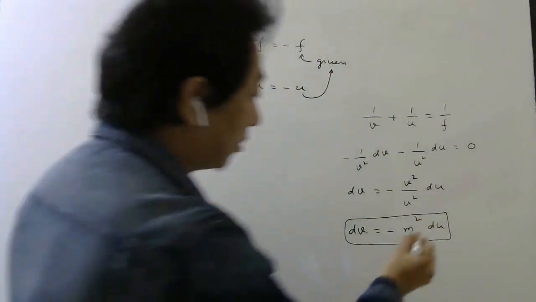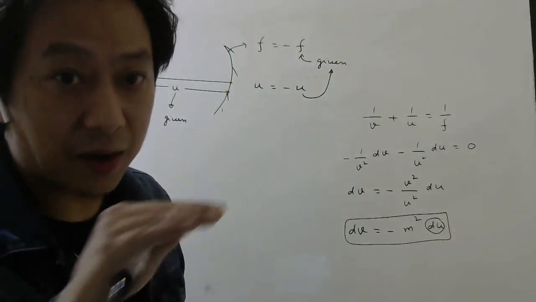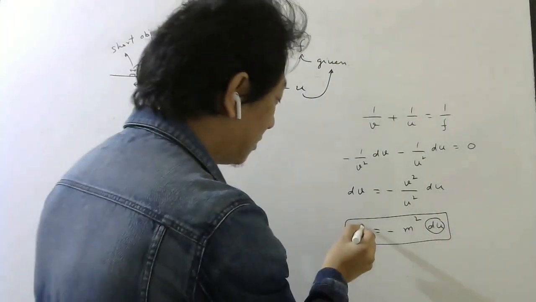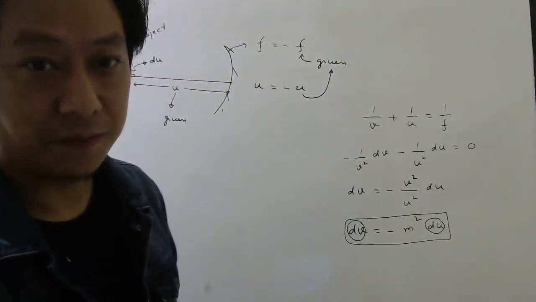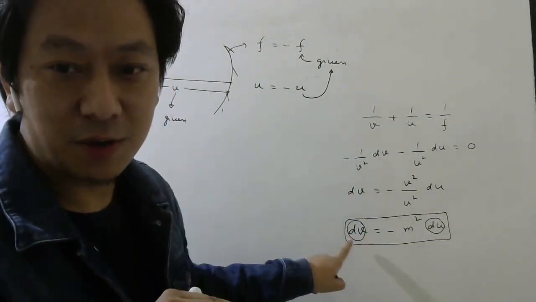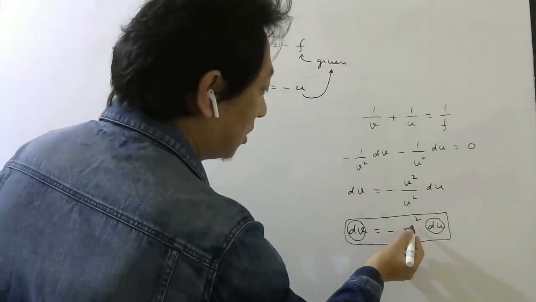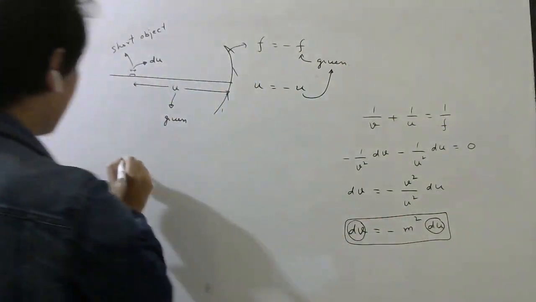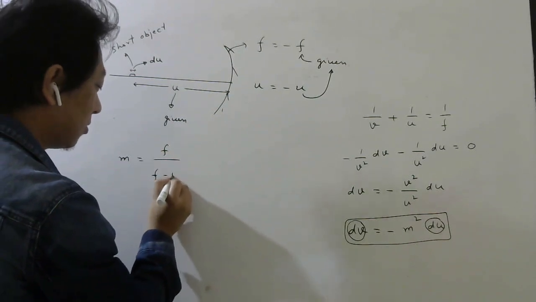So this is the length of a short object because it is du kept parallel to the x-axis, and this is the length of the image of the short object which is parallel to the principal axis. If this is parallel to the principal axis, this will also be parallel to the principal axis. So what we need to do is find only m. So what was the short formula for m? f by f minus u.